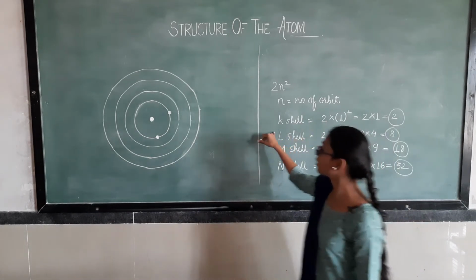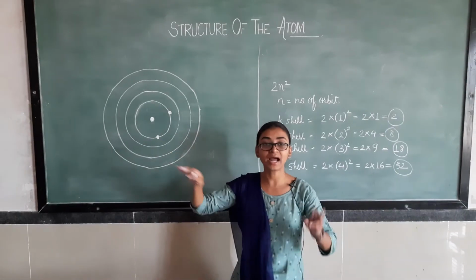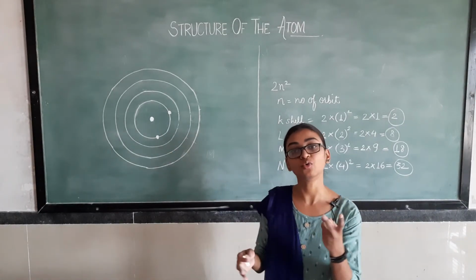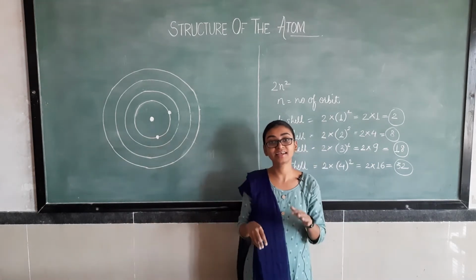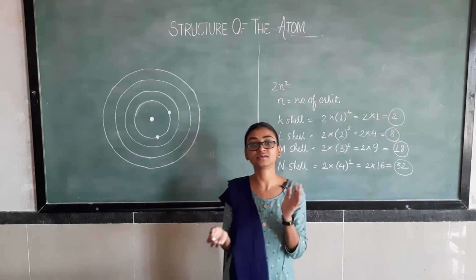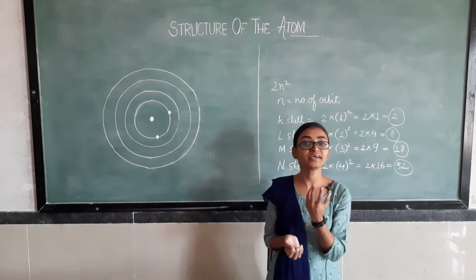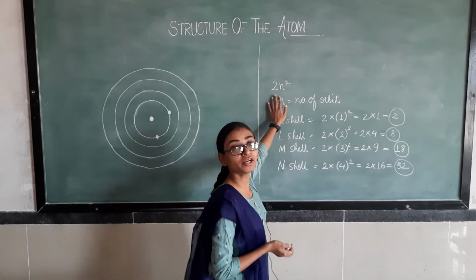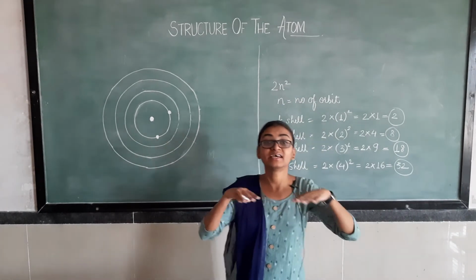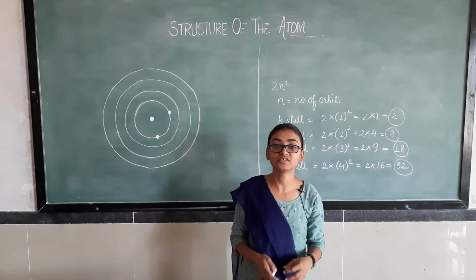From here we can conclude that as helium has a full K shell, it doesn't need to take electrons from any other element to complete its orbit according to the 2n square rule. It is a more stable element, okay. That's why it is known as what?